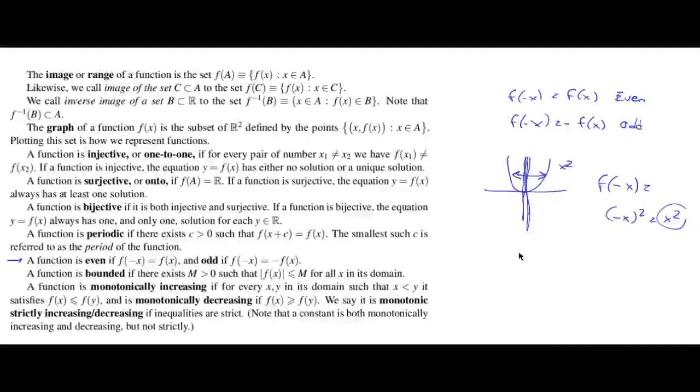For odd functions, for instance the sine of x, you have x and minus x. So you have this value here, and you will have this value here, because f of minus x is minus f of x.